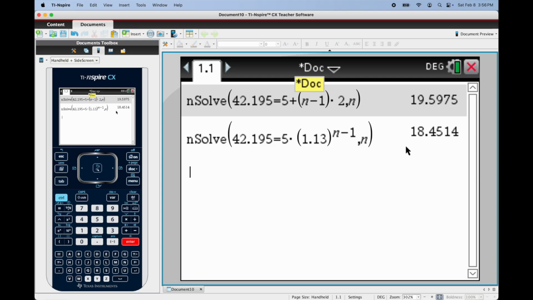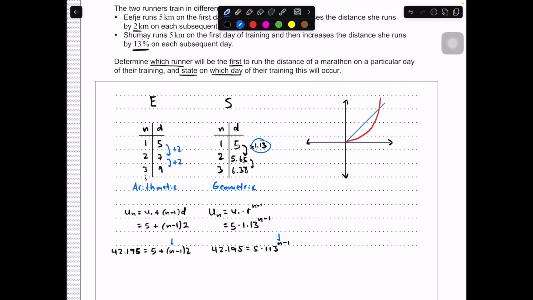In this case, Shumei will run the distance of a marathon after 18.45 days. So let's go back to the calculator for a sec. The number of days it will take Efya will be 19.598. I forgot to put a decimal there.